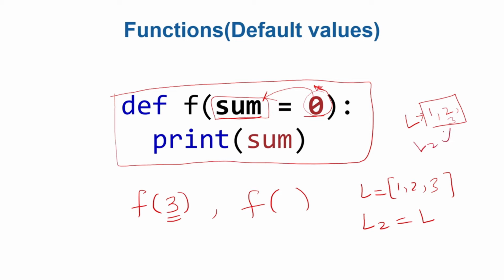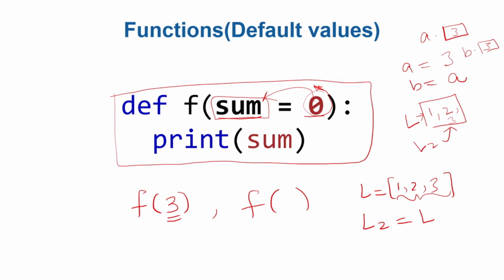L2 is also a label for that, which means in memory, a copy of the structure is not made. This is not like ordinary variables, for example, if A is equal to 3 and B is equal to A, then A will be a position in memory and B will be a separate position in memory. That is the view of the memory for ordinary variables.